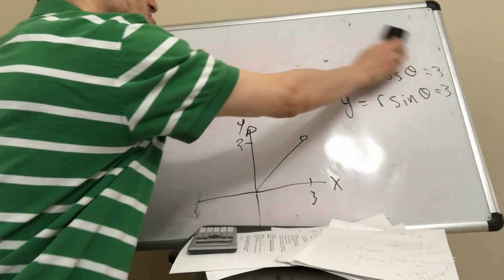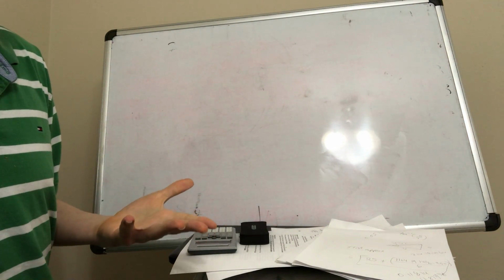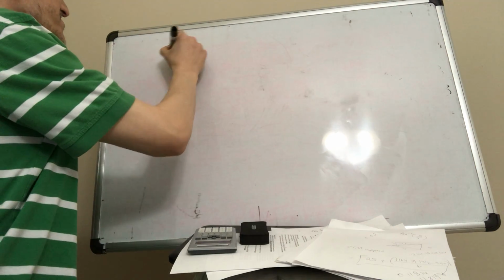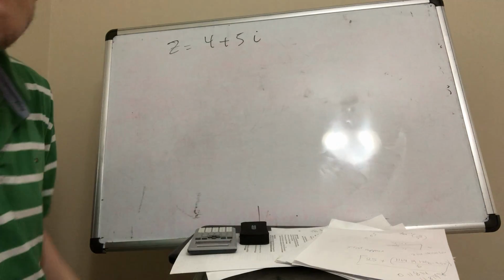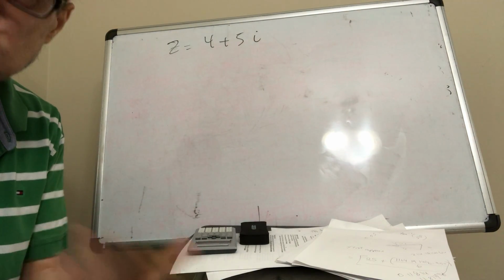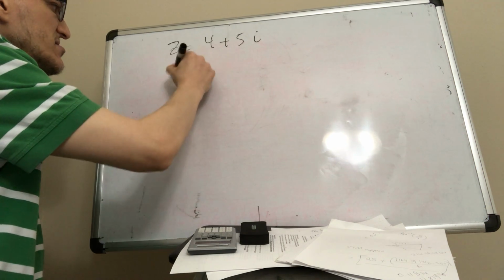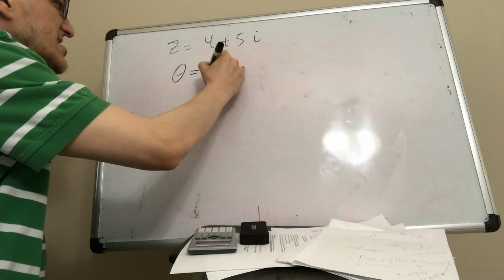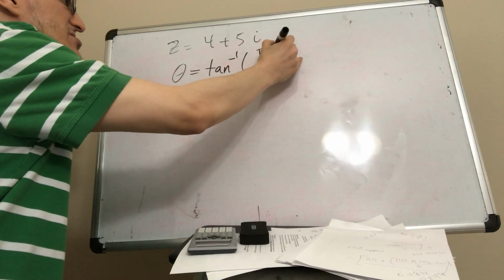Alright, the next one, they only wanted the argument for this one and sketch. We'll do both. We'll do the argument and we'll do the sketch. The argument, we say, is theta, and that's tan inverse imaginary over real.